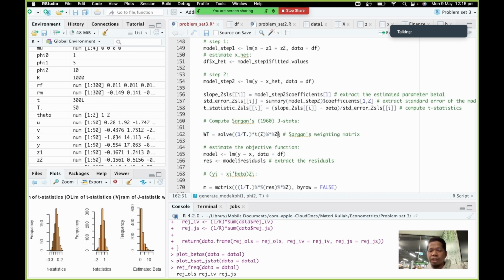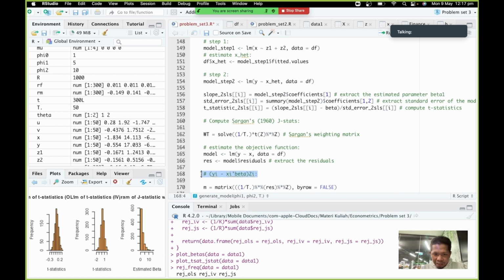We are going to take the weighting matrix here, and then we can put the weighting matrix into the equation. Because Qn is defined by, let's take this one.